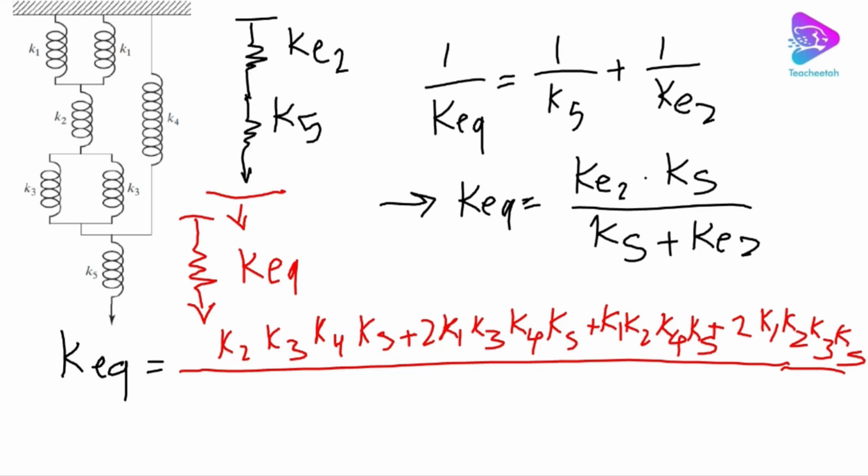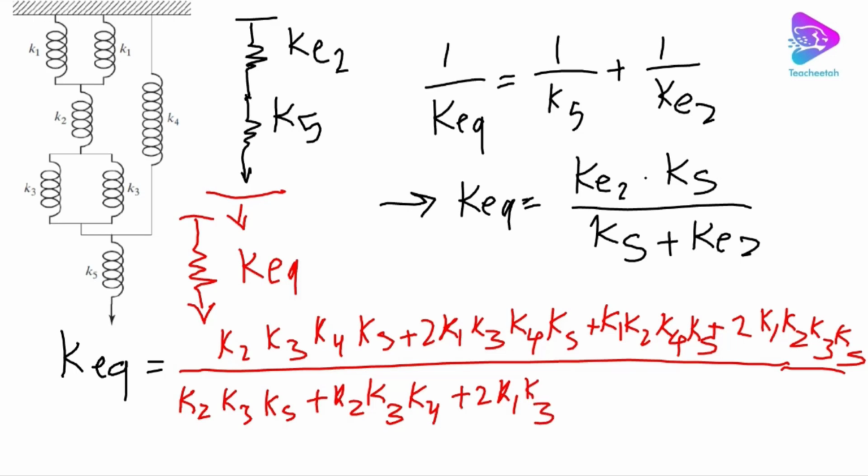And in the bottom we have K2, K3, K5 plus K2, K3, K4 plus 2, K1, K3, K4 plus 2. I know it's pretty lengthy, but this is the final answer for our system, and you can double check if you want.